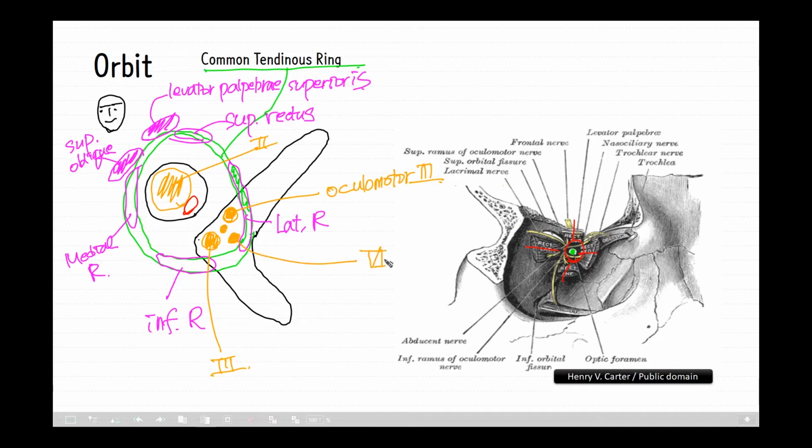But the trochlear nerve also passes through the superior orbital fissure, but it is not inside the common tendinous ring. And lacrimal nerve, frontal nerve.